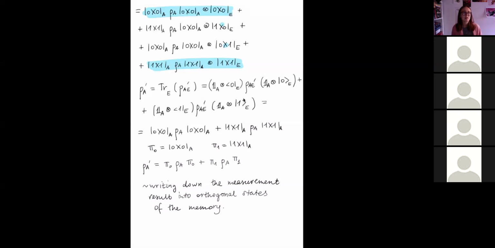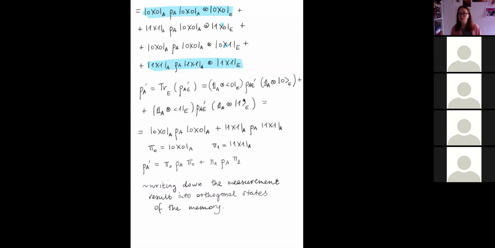For example, imagine you're measuring a qubit in a 0-1 basis, and then you write the result in another qubit, but in a way that if you get 0, you initialize the second qubit in state 0, and if you get measurement outcome 1, then you write down that result as a plus state of the second qubit. This essentially means that you copy coherently into the second qubit, but into states which are overlapping.